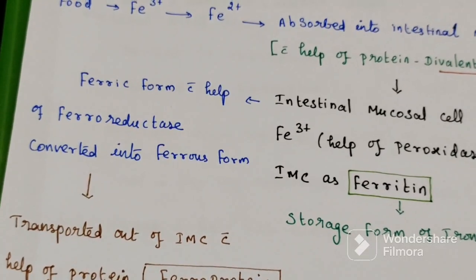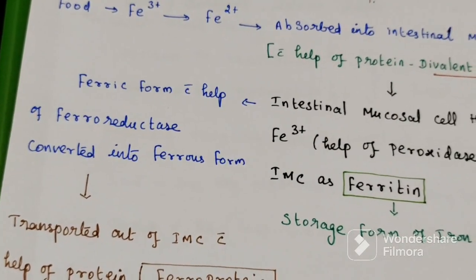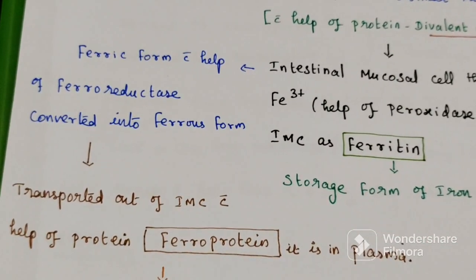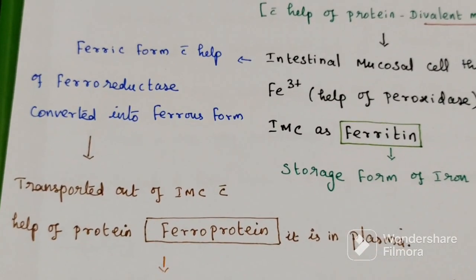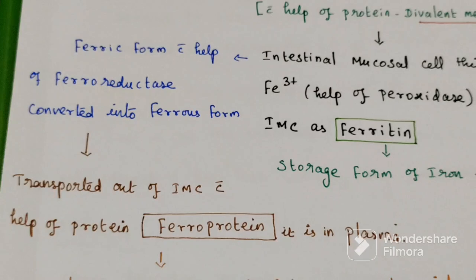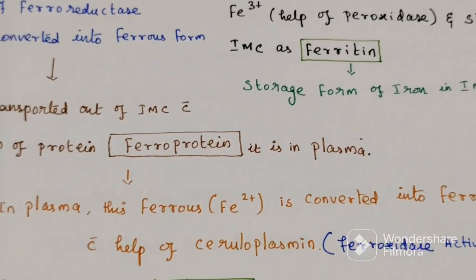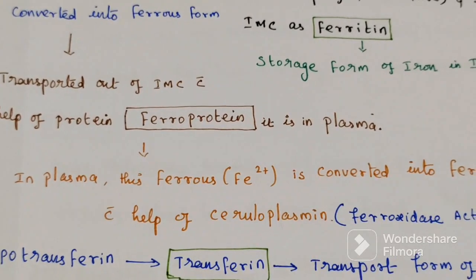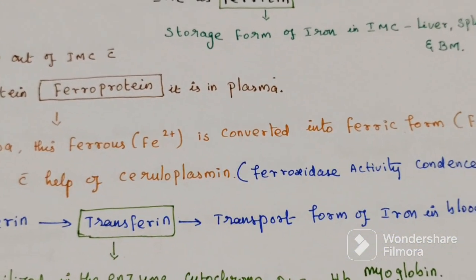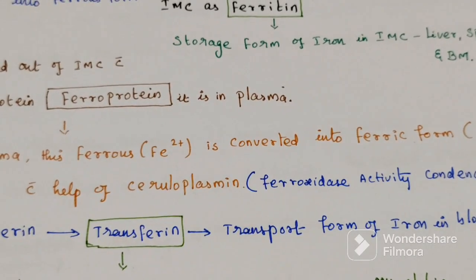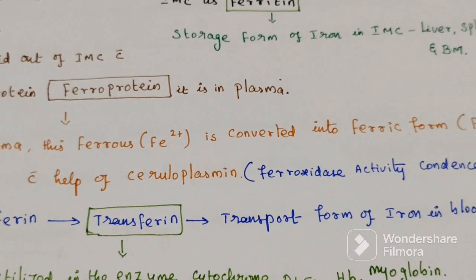Now this ferric form, with the help of ferroreductase, is converted into the ferrous form and transported out of the intestinal mucosal cell with the help of a protein known as ferroportin. It is present in plasma. In plasma, this ferrous iron is converted into the ferric form with the help of the enzyme ceruloplasmin.